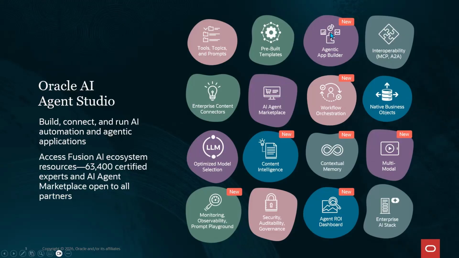Agentic App Builder within the Agent Studio is where you will go and create agentic apps. You can use the workflow orchestration within the agentic apps. You can use the content intelligence and contextual memory, which comes within the agentic app. So the agentic app knows what questions you asked and will frame answers based on the memory as well.